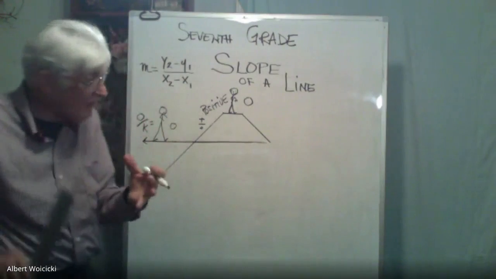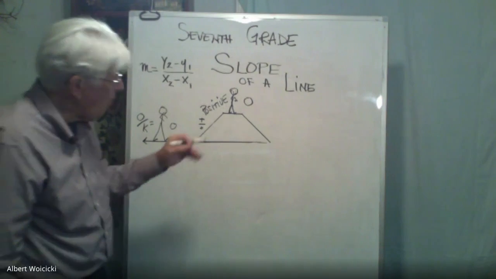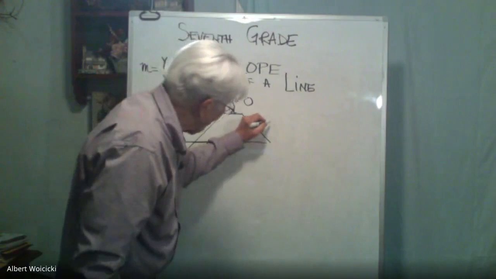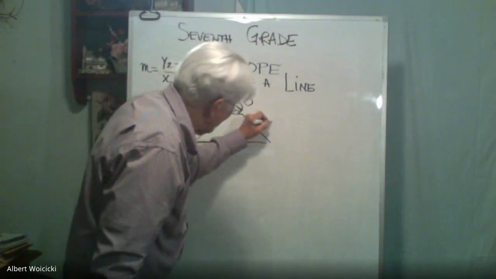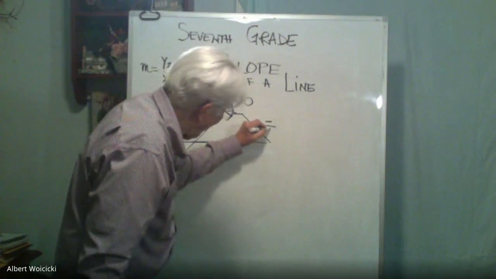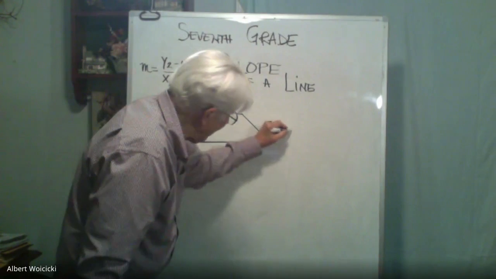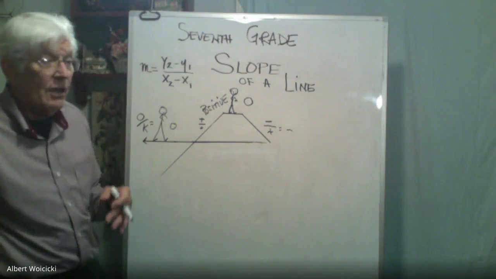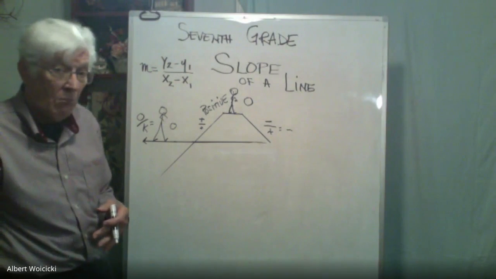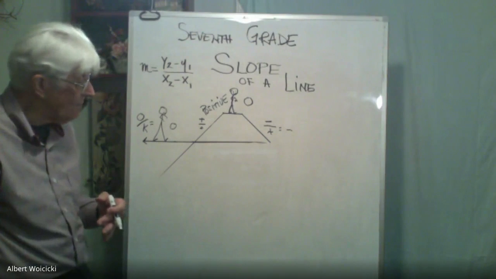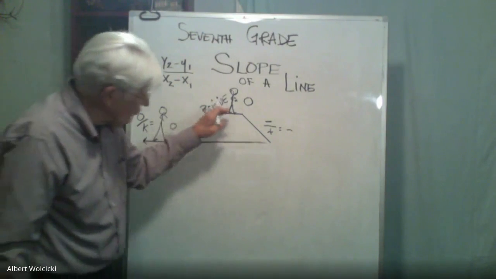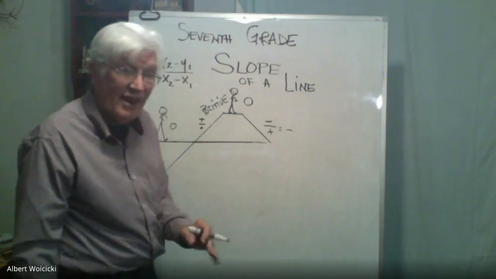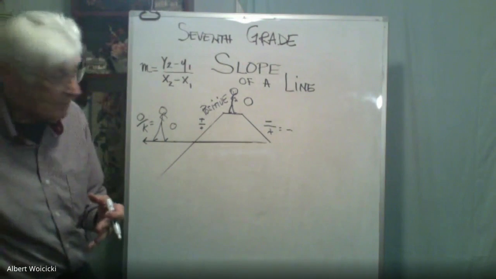But what's happening with the y? It's going down. So he's got a change in y that is negative over a positive. Well, that's a negative slope. So a line that goes from the upper left down to the lower right is a negative sloped line.